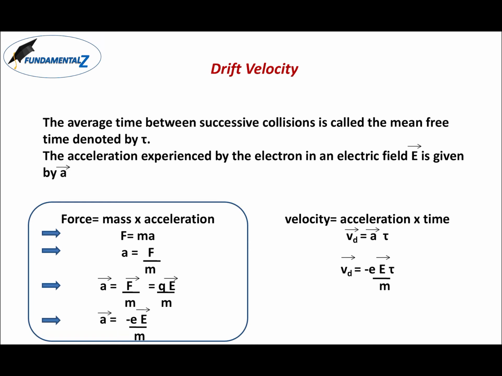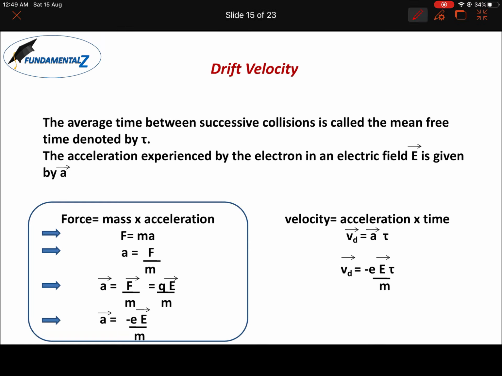Now I am going to club some of the terms. I am going to club tau, e and m. So I am going to write Vd is equal to minus e tau divided by m into electric field.